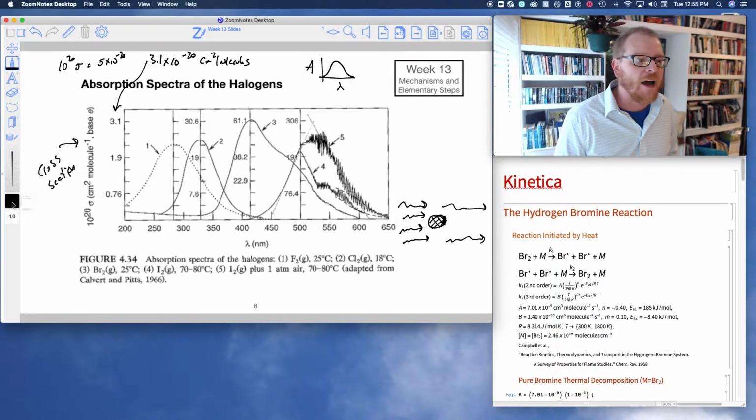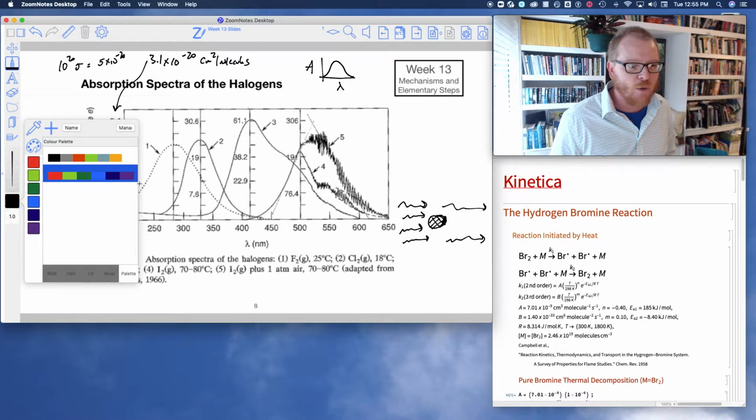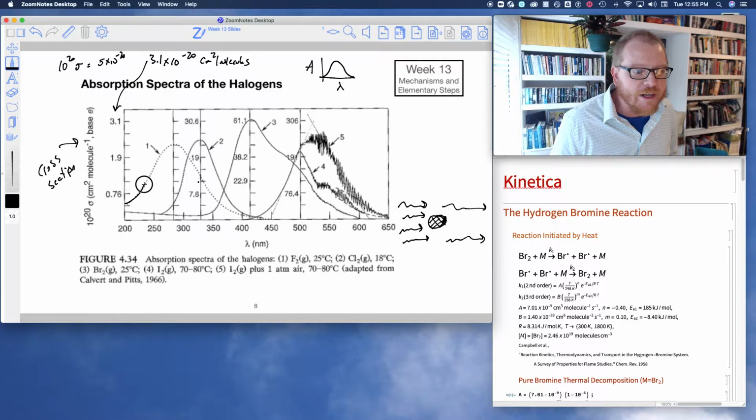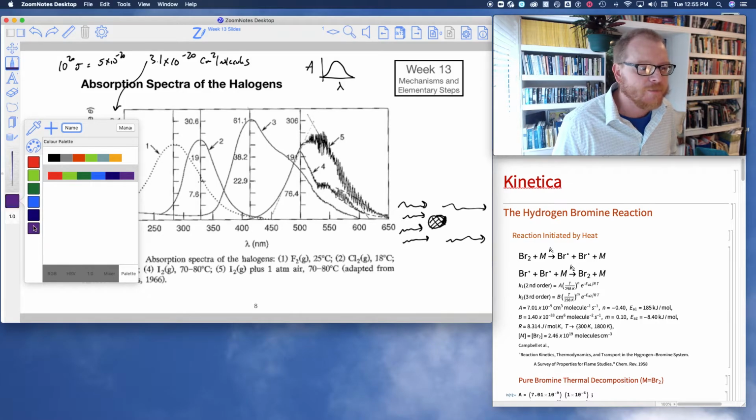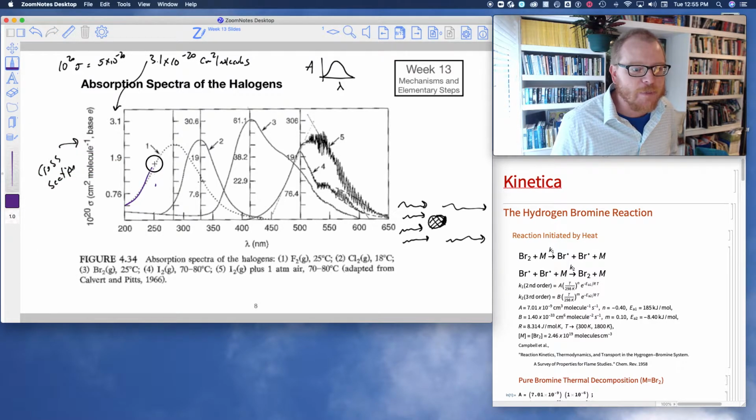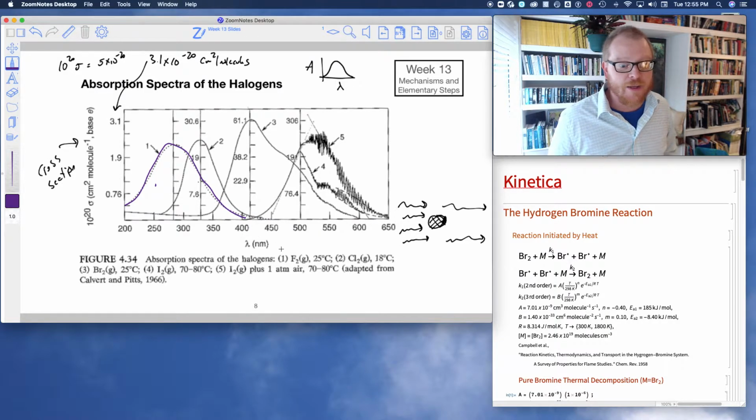So now what I want to point out, I'm going to highlight a few things. Let's start with purple. So this number 1 here, I wanted purple because as you can see, it's in the ultraviolet region. So I'll highlight this spectra right here. Here we go. Spectra number 1 right there is F2, all right?